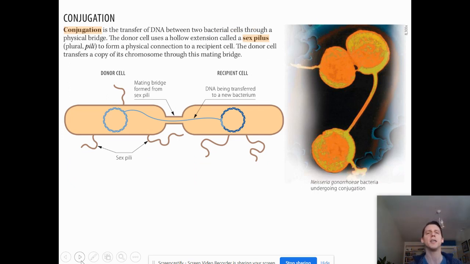And then we have conjugation. Conjugation is a really important one. Bacteria have these structures called pili that can form a tunnel between two bacteria. And so what can happen is the bacteria will copy the DNA. The DNA will move through the pili, and it will go into the new bacteria.